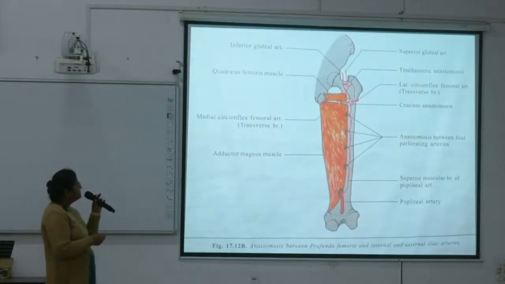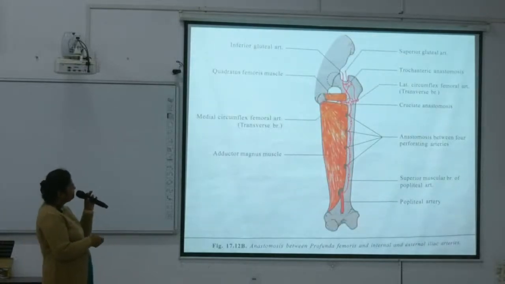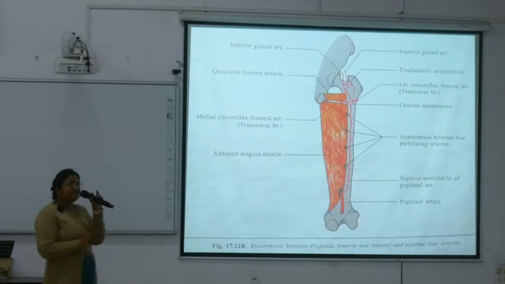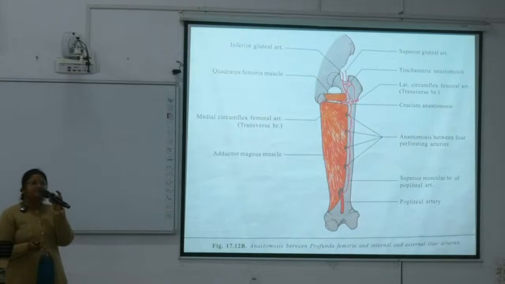These perforating branches form an anastomotic chain on the posterior aspect of the adductor magnus. Here is the cruciate anastomosis and here is the trochanteric anastomosis, formed by branches from the medial and lateral circumflex femoral arteries.